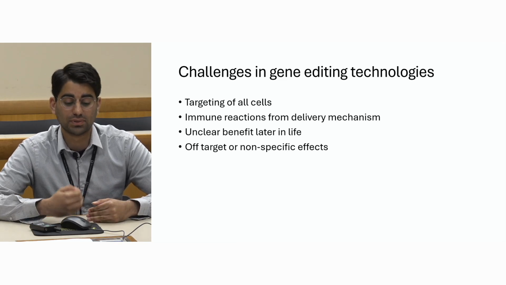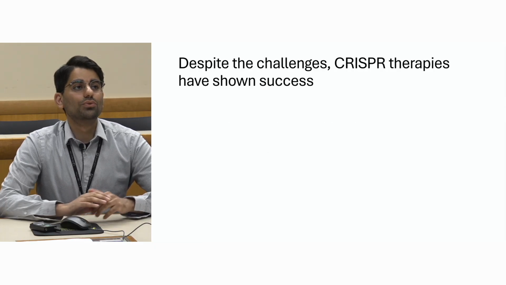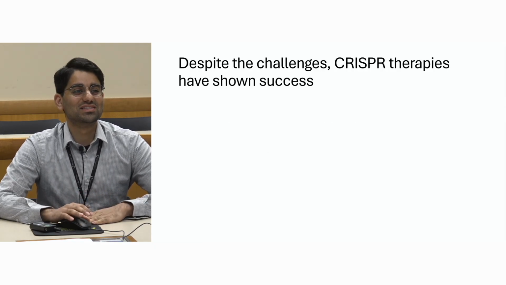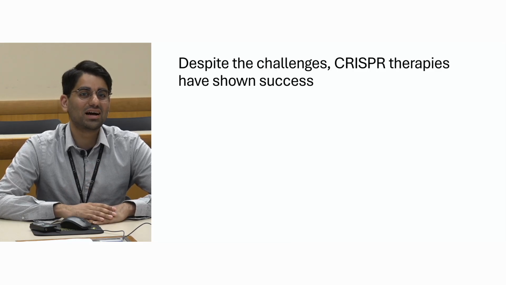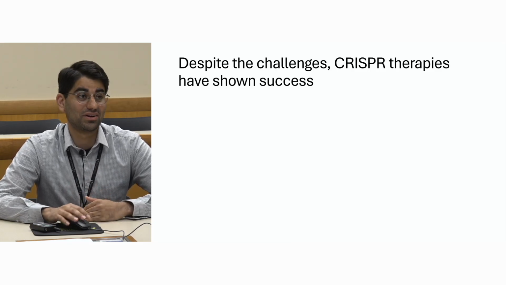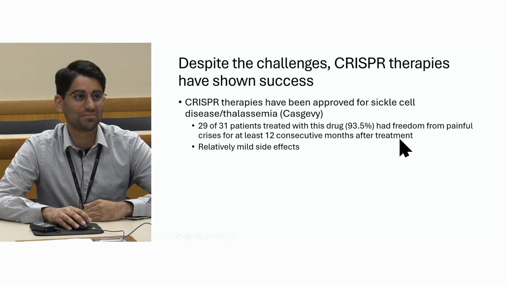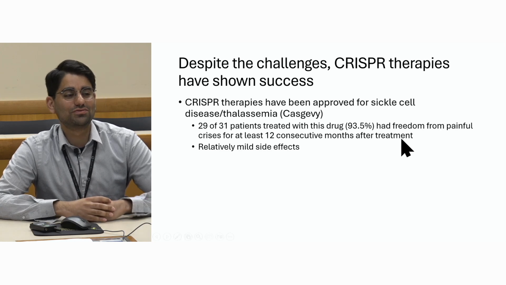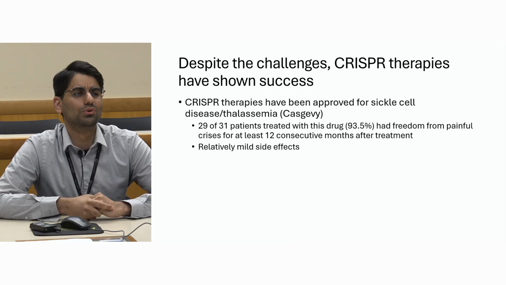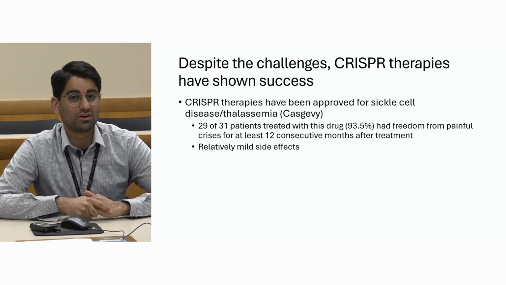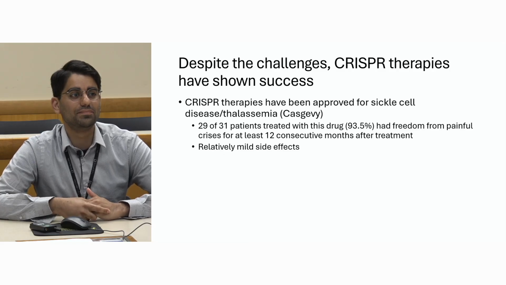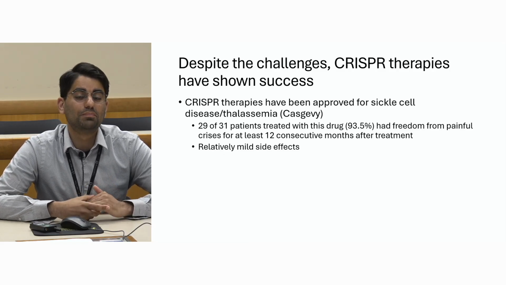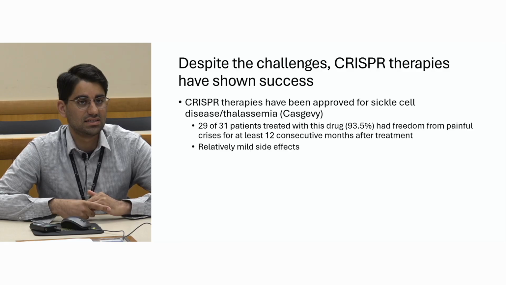So despite all of these challenges, I'm going to share with you two stories actually that highlight the success of CRISPR therapies, which I think are super exciting. And this story comes to us from December of 2023, where the first CRISPR therapy was approved for use in humans with a drug called Casgevy. And this was for a blood disorder called sickle cell disease.